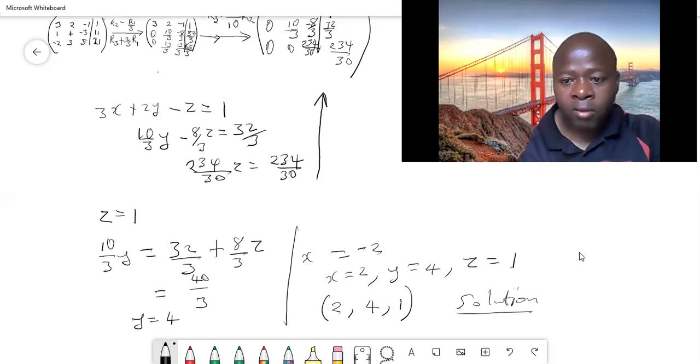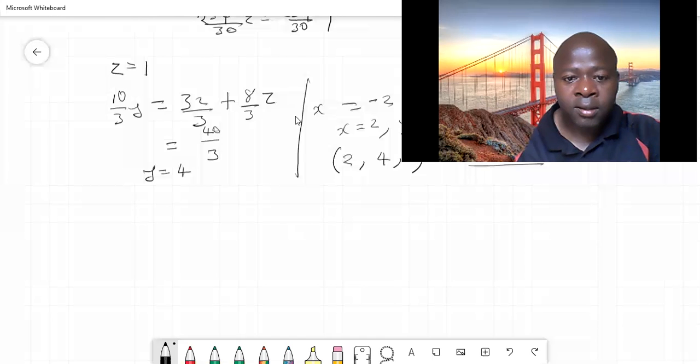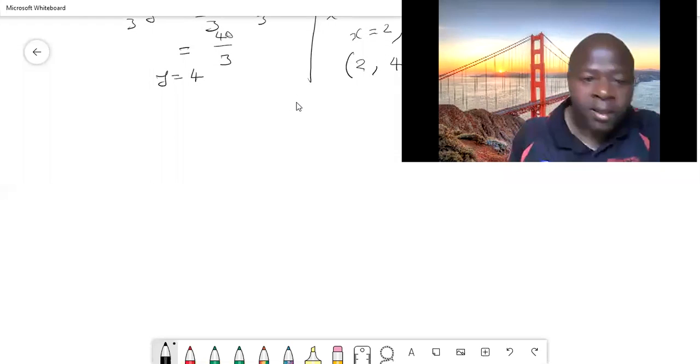So I would want us to look at another example of solving a system of linear equations. We look at a consistent system again, and then look at an inconsistent one.